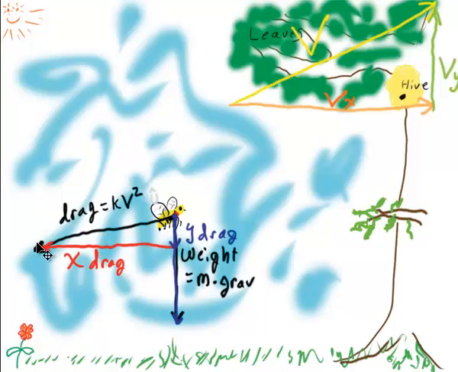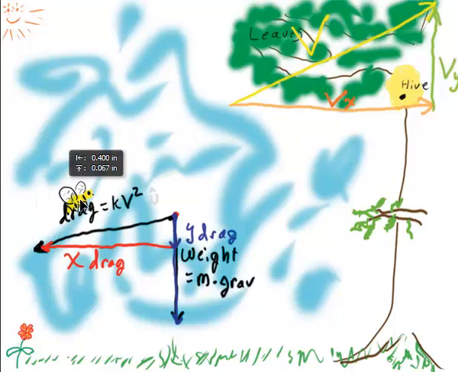You notice that these components also add up to it, but since the drag is acting kind of against the velocity, it has both a vertical component, a y drag, and an x drag that both have non-zero values, and they're both negative.